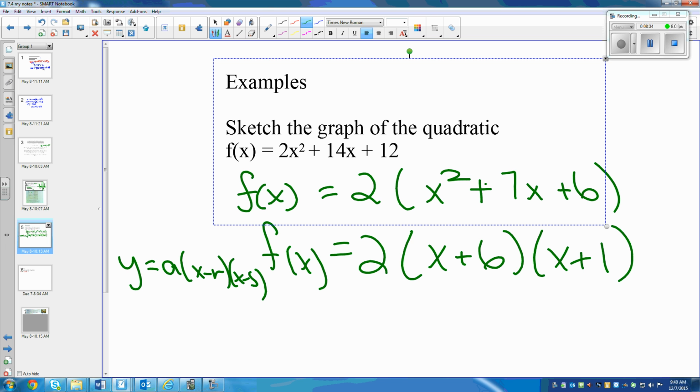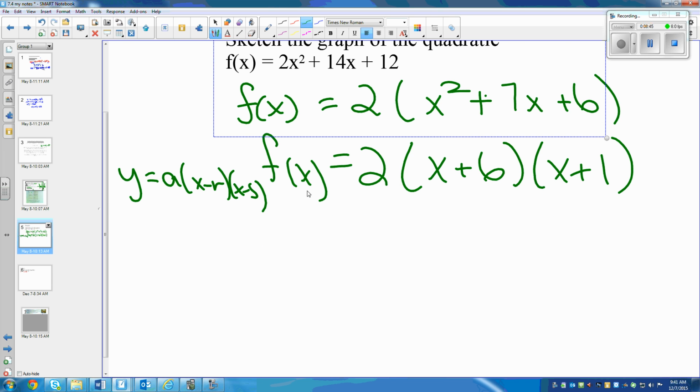What can we do with this factored form? Well, we can graph some stuff. Okay. Well, what do we know? We know x-intercepts. So I would write down what we know. Well, we know our x-intercepts. Our x-intercepts are -6 and -1. So -6, 0 and -1, 0.